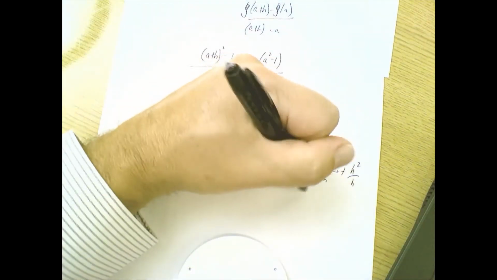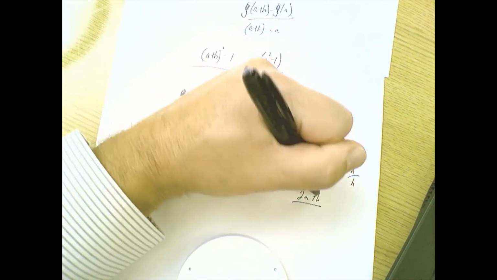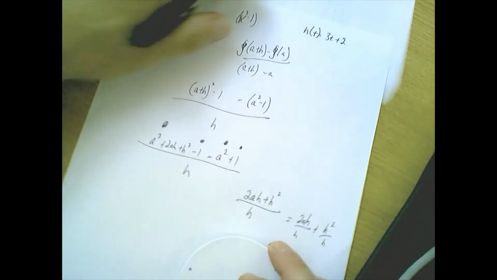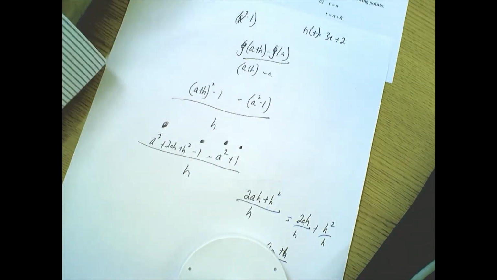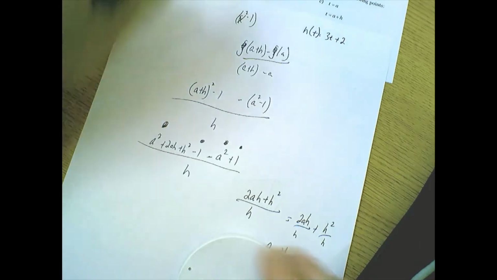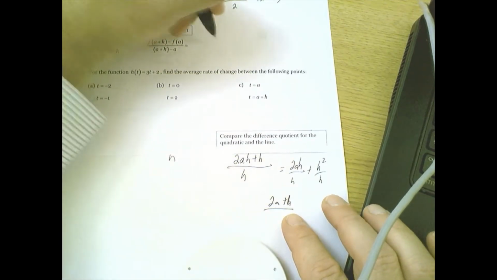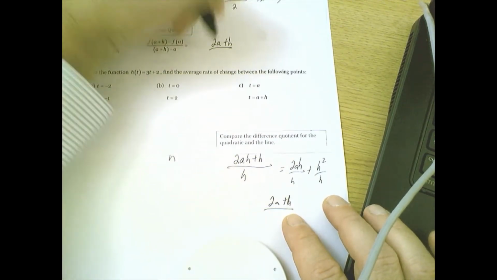And what would I wind up with? 2a plus h. So that's what my difference quotient, what we call here, or the average rate of change for this function from a to a plus h, is going to be nothing more than 2a plus h. So just be comfortable, familiar.